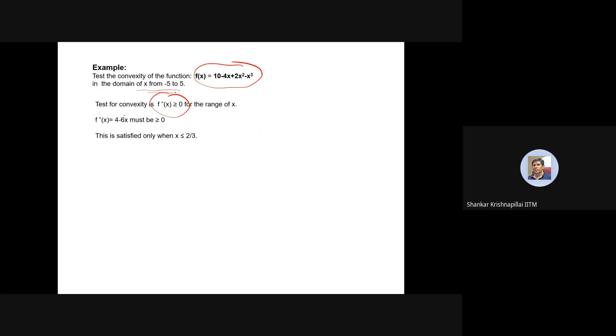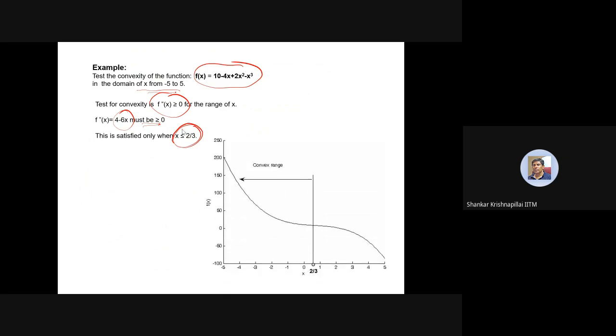So the second derivative here is 4 minus 6x. If that should be greater than or equal to 0, x should be less than 2 by 3. So x less than 2 by 3 is the convex range. So you can see here, this is x equal to 2 by 3. For x less than 2 by 3, you can say this is convex, and from here it is concave.